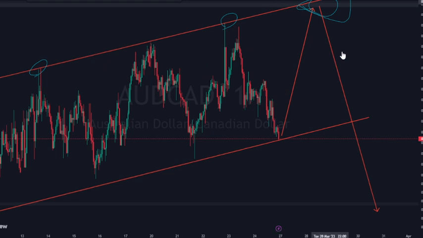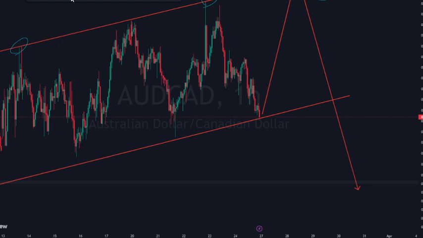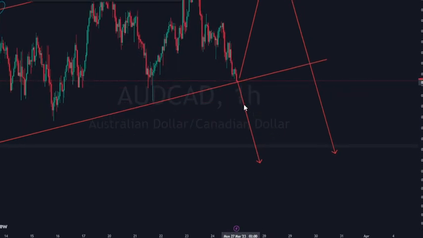So if this setup does not play out and price decides to just break out here, then I'll look for either a pattern. Okay, either I'm gonna look for a breakout, a pattern, any pattern, and enter the breakout of this.